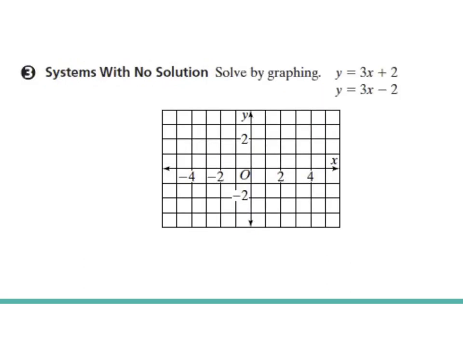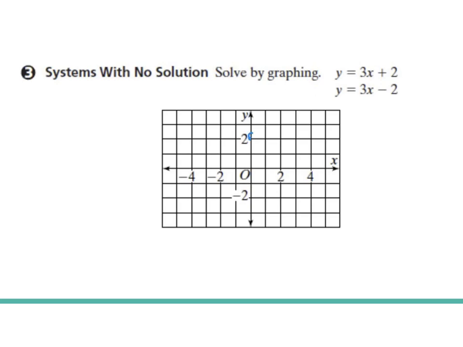So here we're going to graph this system of equations, and notice they kind of give you a hint with the title. There's going to be no solution. Look at our equations here. Notice both of these equations have a slope of 3. So if we start to graph these, we'll graph the first one. Our y-intercept is positive 2, and our slope is 3.